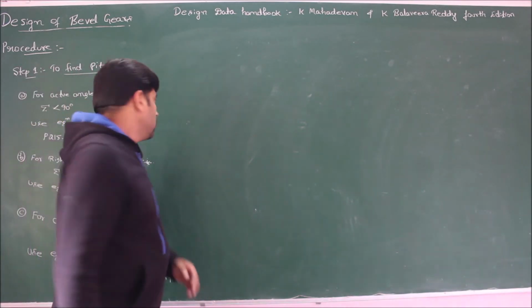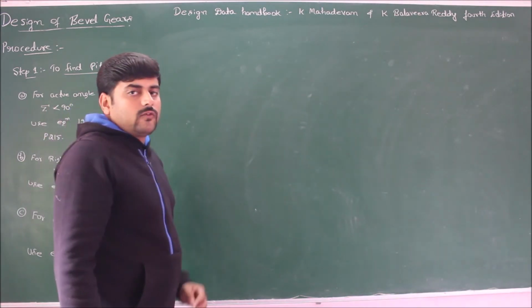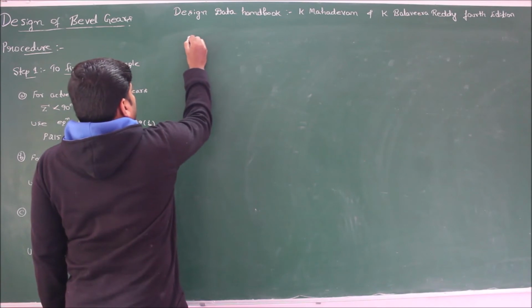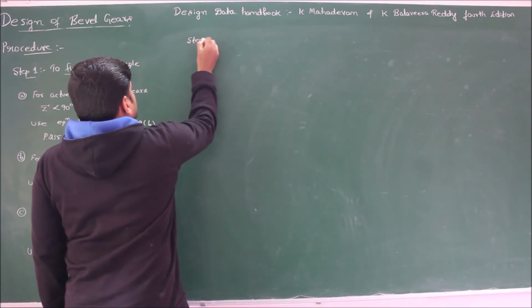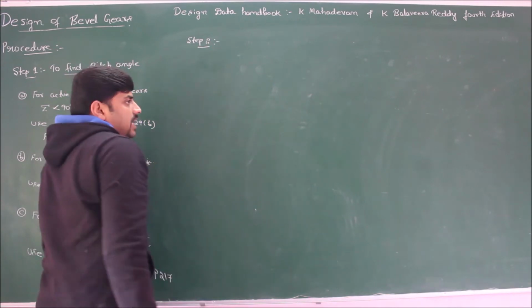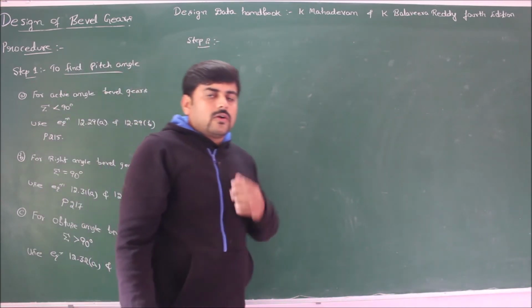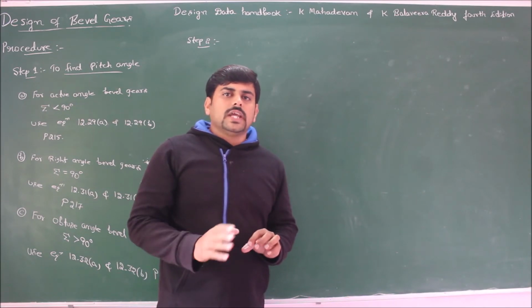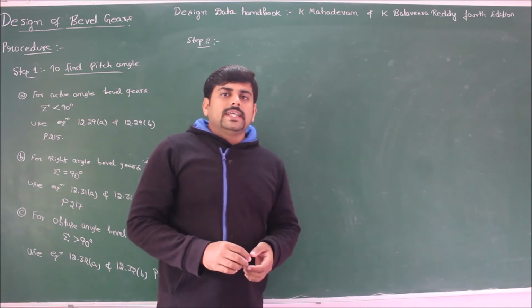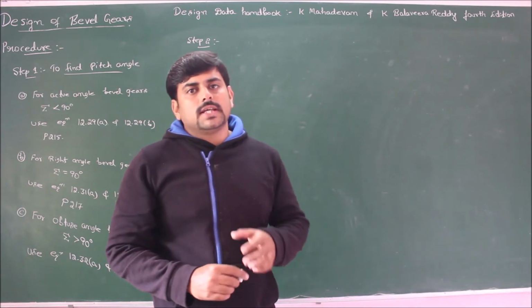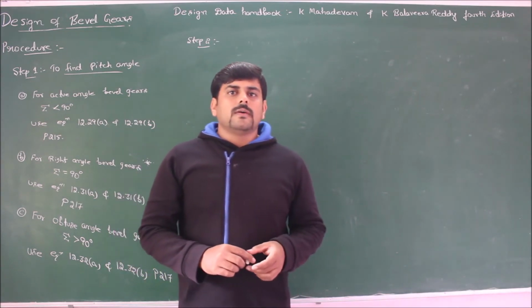Once you know the pitch angle of pinion and pitch angle of gear, step 2 is to find the formative number of teeth or equivalent number of teeth, which are equivalent to spur gear. Why we are determining the equivalent or formative number of teeth is to find the Levy's form factor, because the Levy's form factor equation is not separately available for bevel gears.